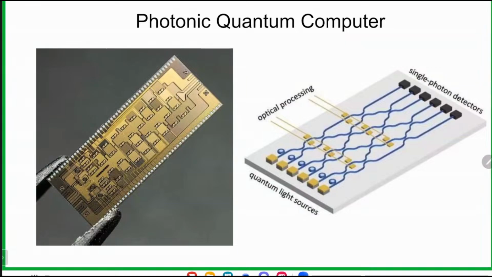Basically, from the quantum light sources, they take the light and they squeeze it. They generate states of light called squeezed light, and then there are phase shifters and beam splitters in between, which manipulate the quantum states of the light. And then finally, the readout happens at these single photon detectors.